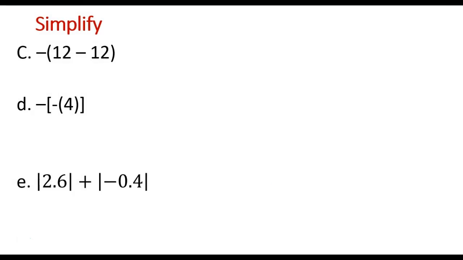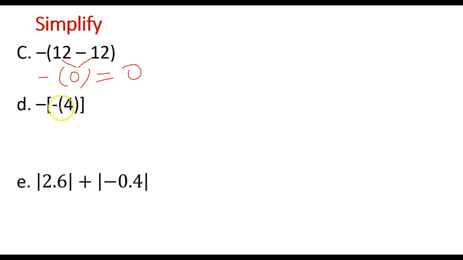Now simplify. When you simplify, work inside out, like we do in the order of operations. So simplify the parentheses before you consider the outside. So 12 minus 12 is 0. So this is opposite of 0, which is 0. 0 is neither negative nor positive, so it has no opposite.